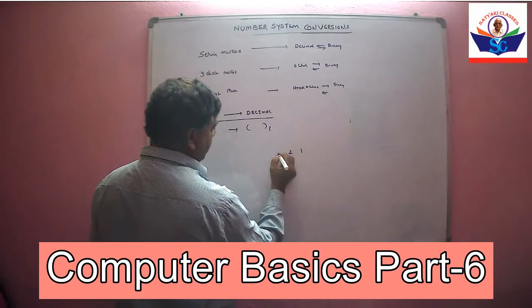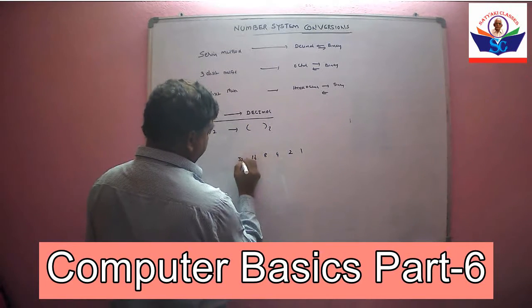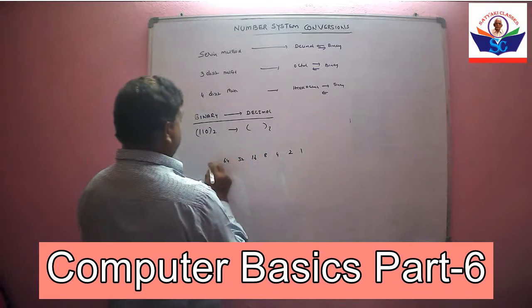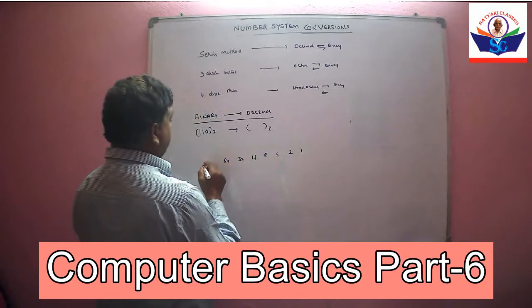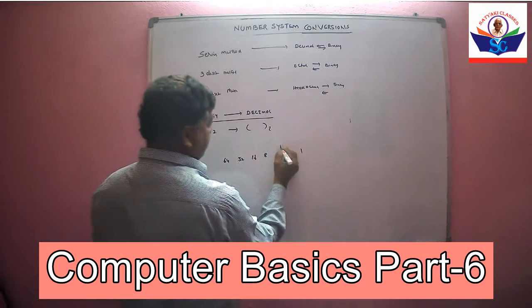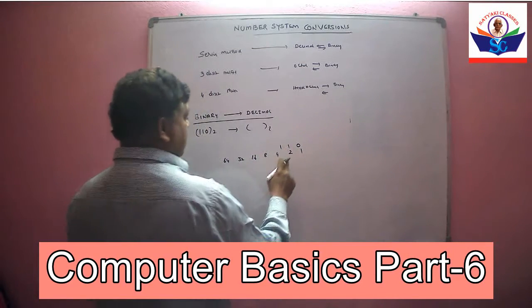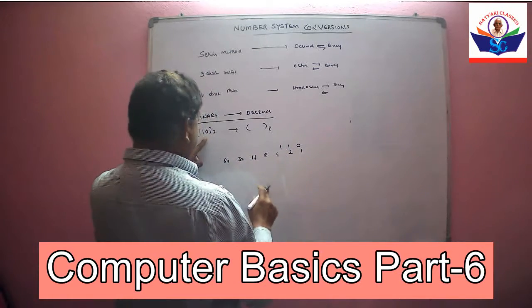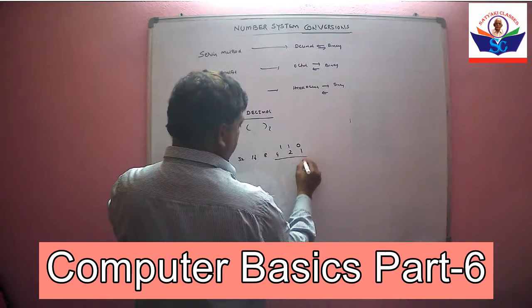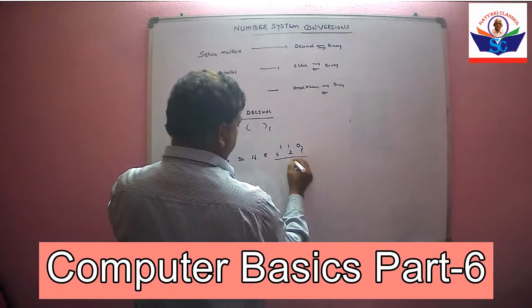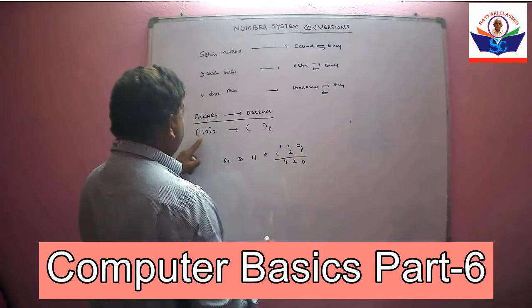1, 2, 4, 8, 16, 32, 64. We write 110. As it contains 3 digits, we take 3 places and multiply: 0, 2, 4.